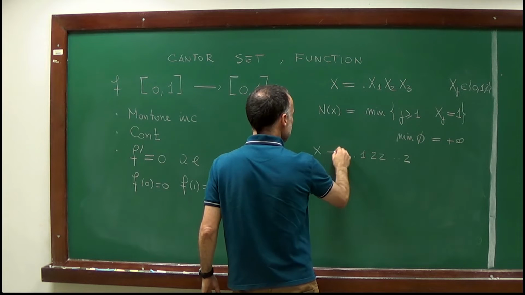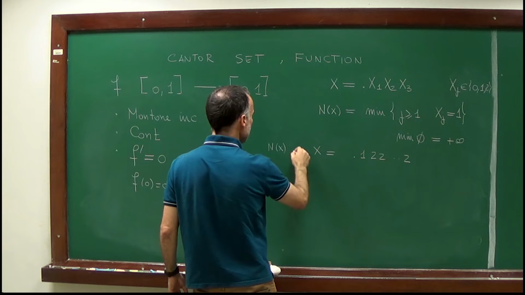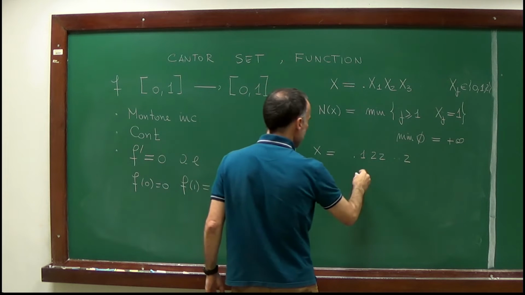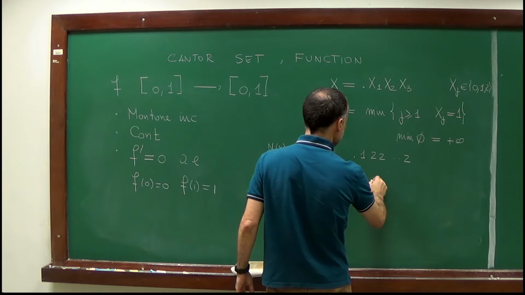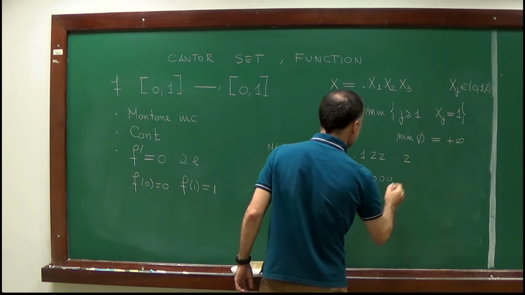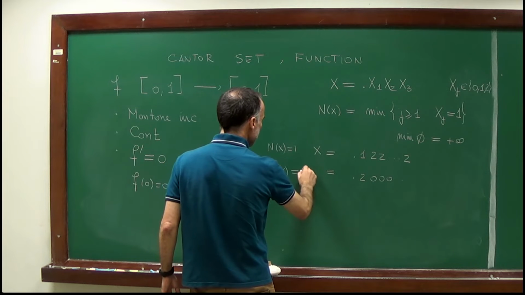Let me call x this point. So nx, according to my definition, will be equal to 1. But I can also represent x by 0.2, 0, 0, 0. And in this case, nx is equal to plus infinity.